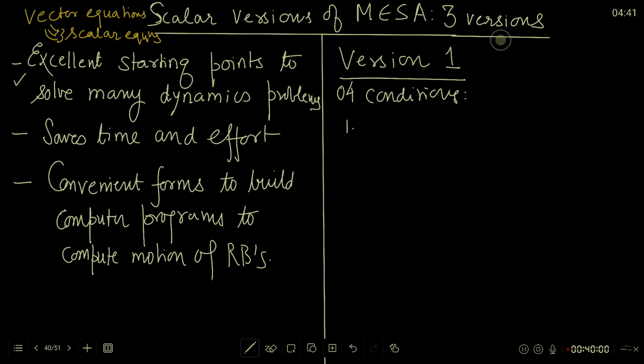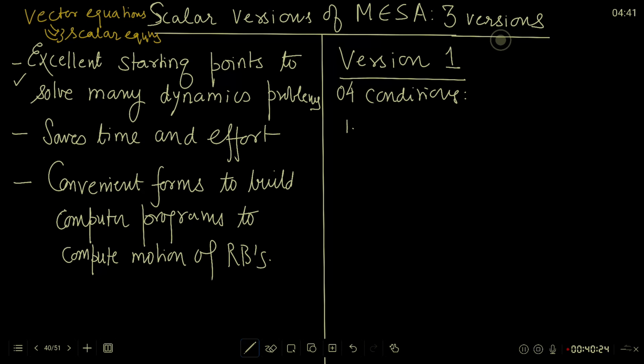Okay, there are two steps involved. Vector equation to three scalar equations, and then solve the three scalar equations. In this procedure, the first part, which is conversion of a vector equation into three scalar equations, I want to do right now, once and for all.